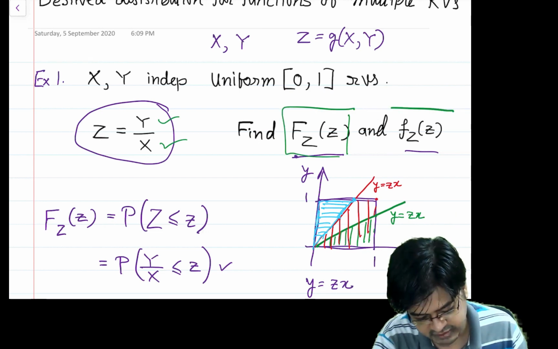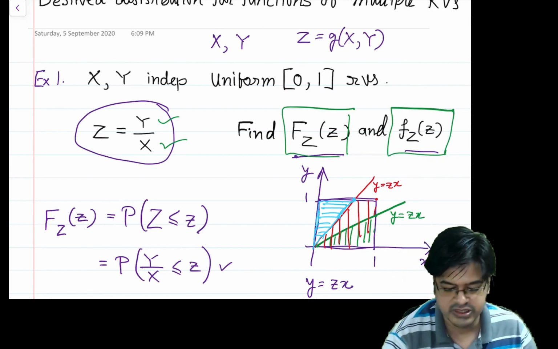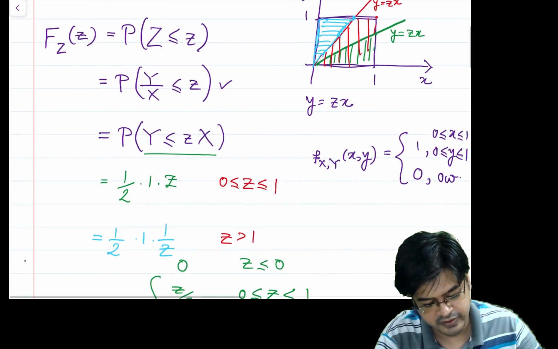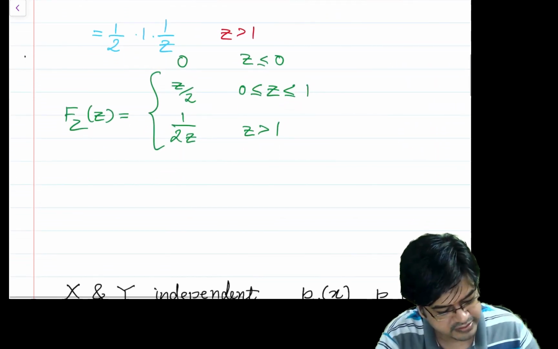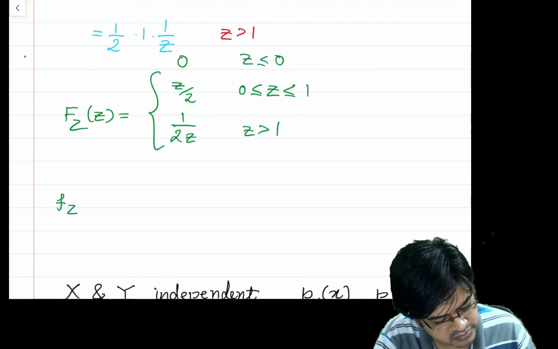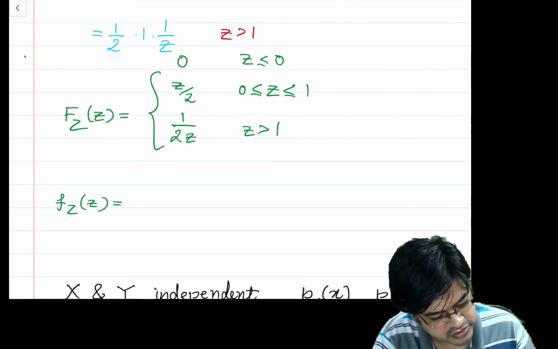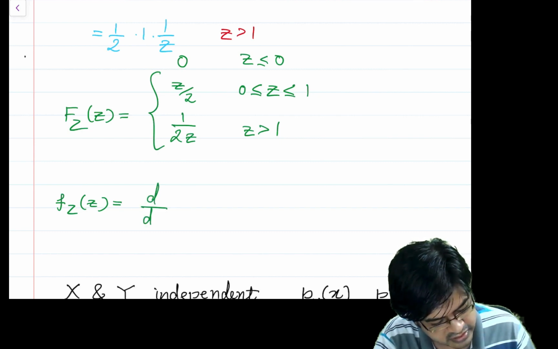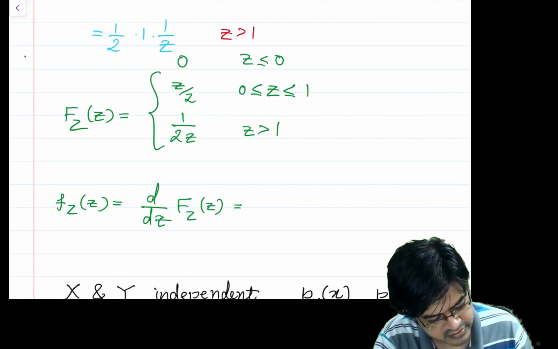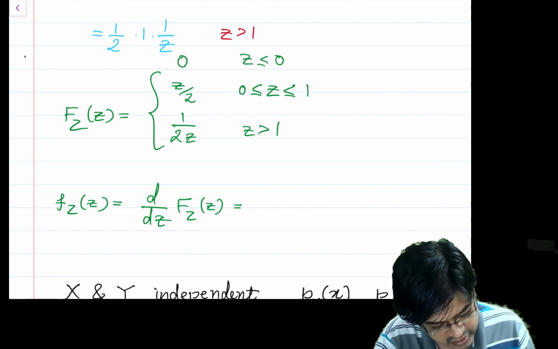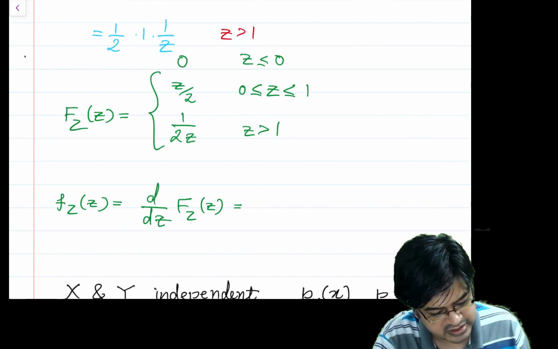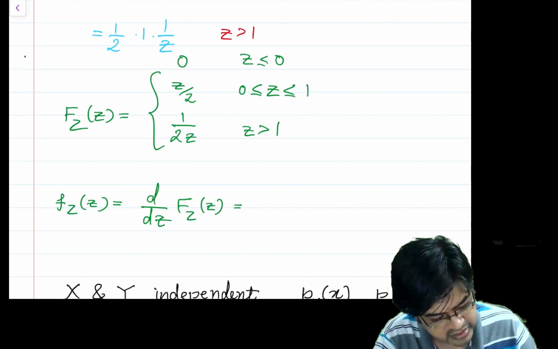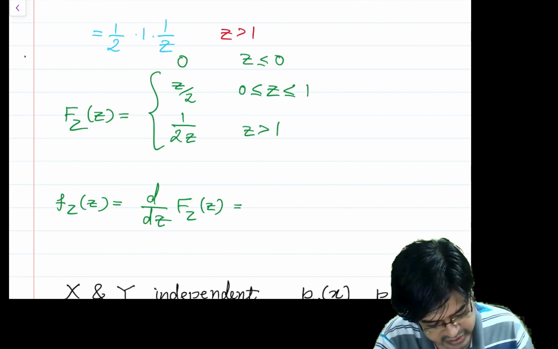Good. So I have figured out what F_Z(z) is. Now the next task is very simple, which is step 2 of our standard operating procedure, to compute the PDF of Z. So let us compute that. This is going to be equal to d/dz of F_Z(z). Now I have to do a splitting. One is z by 2 and another one is 1 by 2z. So you can actually compute this using the standard formula.